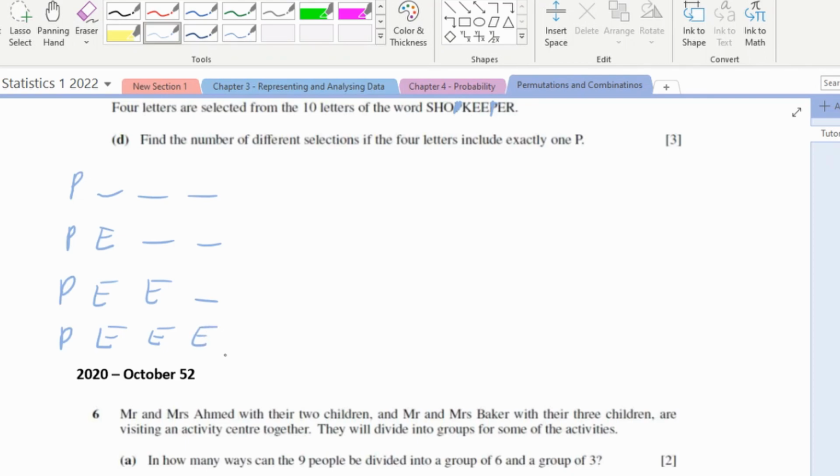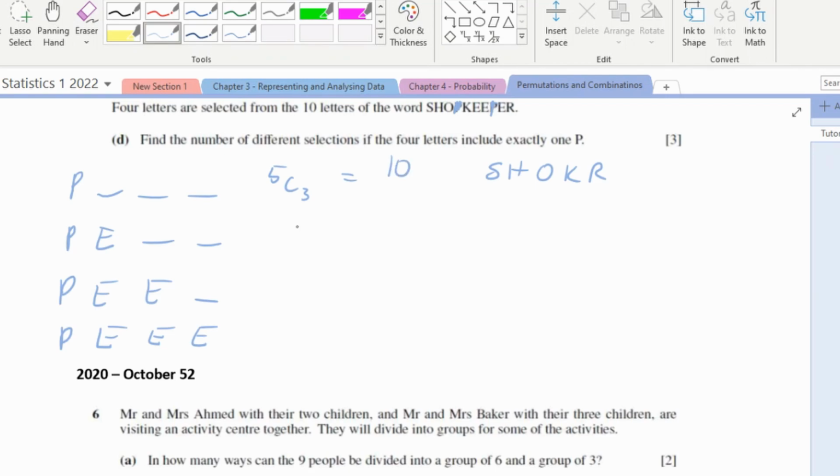All right. So if we're not dealing with any E's, how many are non-E letters? S, H, O, K, R. Shocker. Okay. So the first one will be 5 choose 3, because there's 5 letters we can choose from there. And I think that's 10.